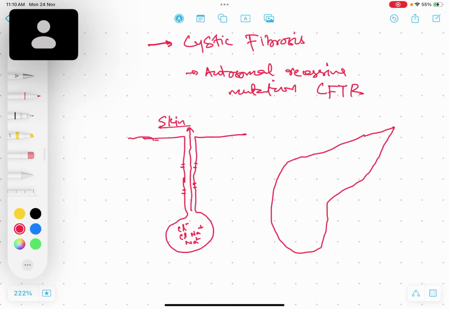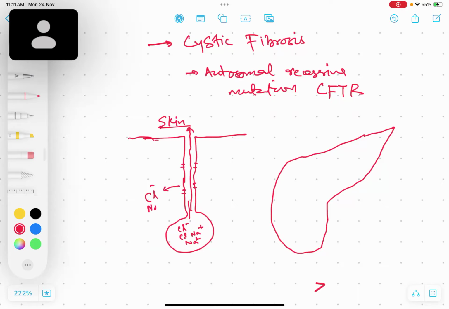So in the sweat gland, this channel actually reabsorbs the chloride, right? So for example, over here we have this channel, okay. These chloride channels are going to move chloride in this direction over here, okay.